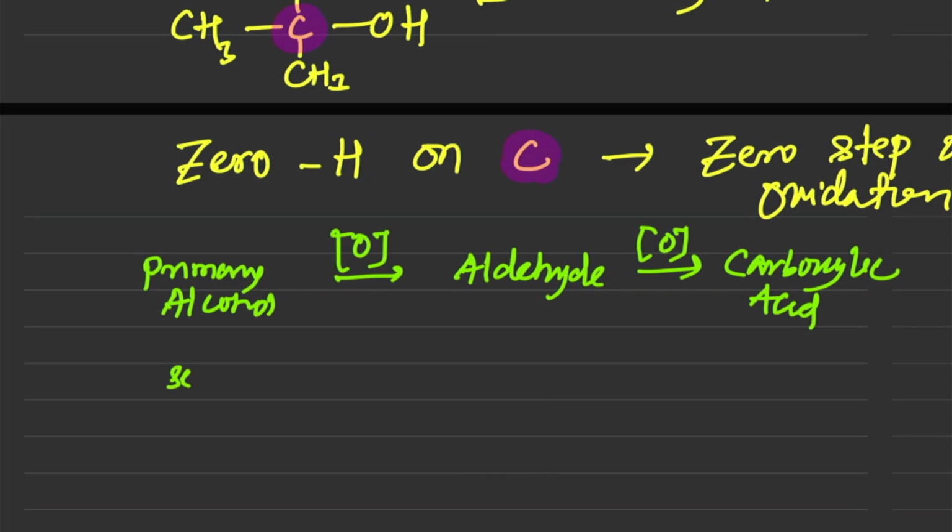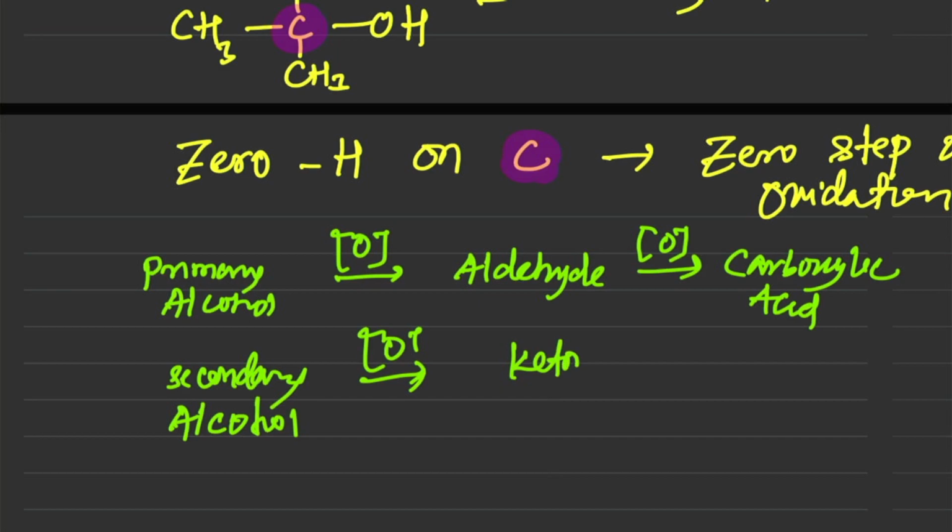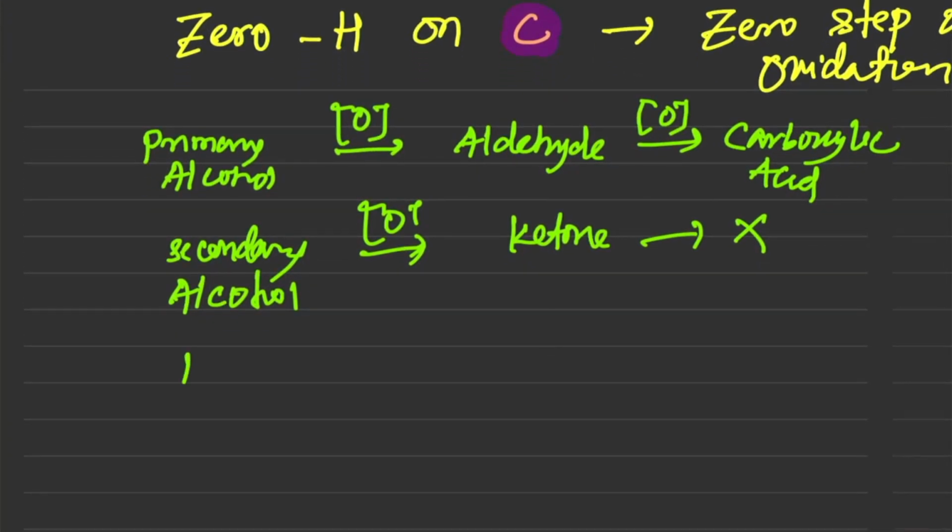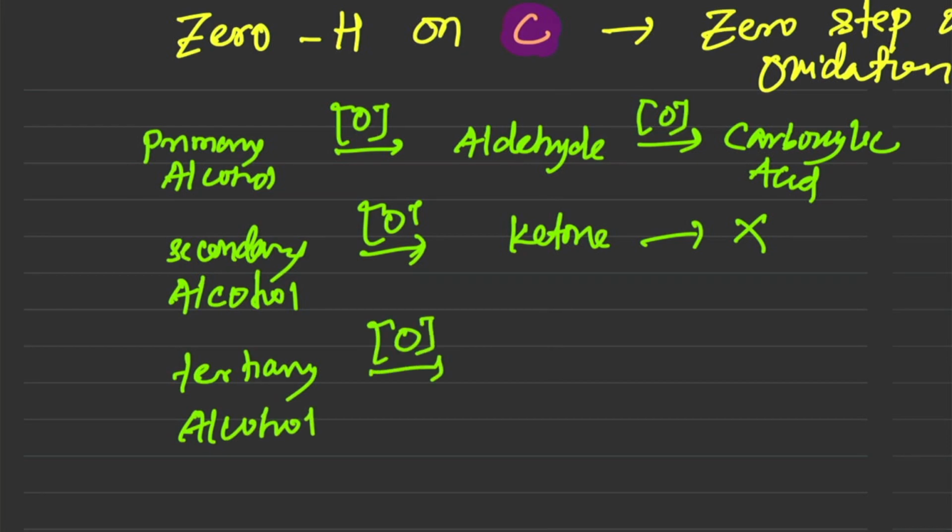And then we have secondary alcohol that can oxidize to ketone and no more reactions. Then we have tertiary alcohol that can oxidize to nothing because there is no more hydrogen left.